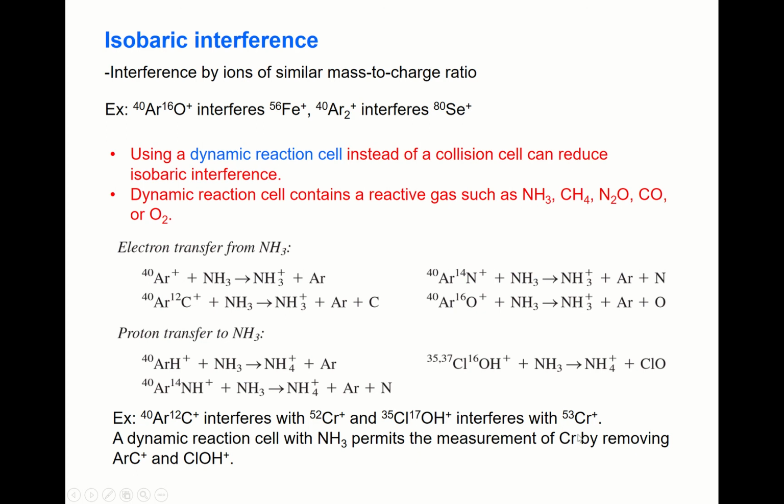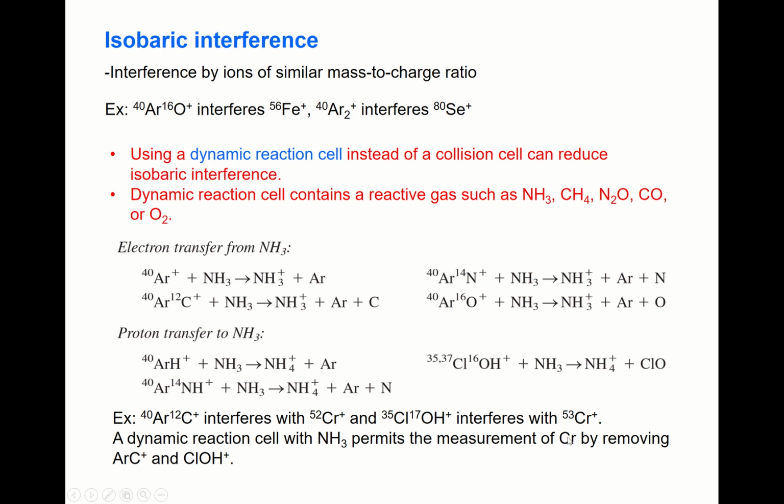So if you use a dynamic reaction cell, now ammonia reacts with this species. For example here, it makes neutral argon and neutral carbon. So it removes the interference from argon and carbon.